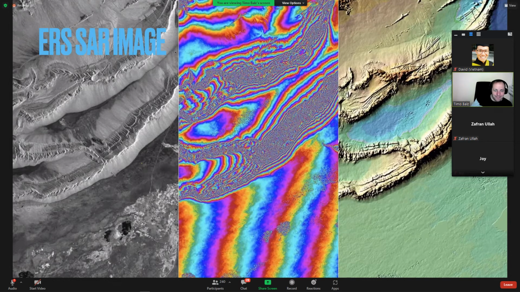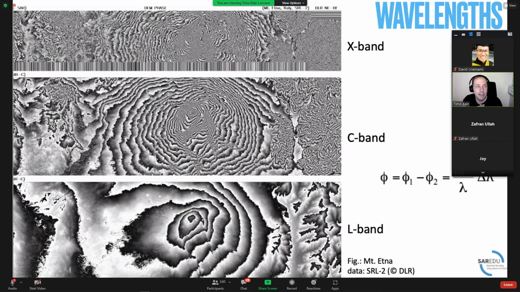How the fringes look, the density of these fringes, also depends on the wavelength. We can see that in our main equation here. Here is the wavelength, so it clearly plays a role in the phase.